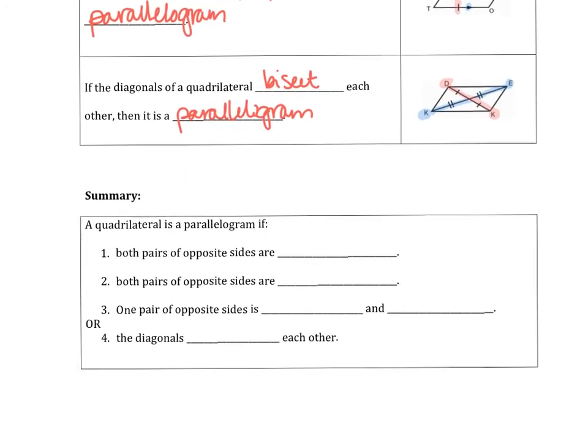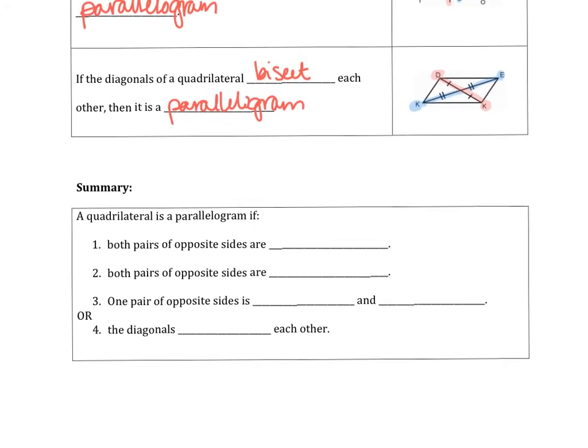All right, so to summarize it, we have 4 different ways we can show that we have a parallelogram. So a quadrilateral is a parallelogram if both pairs of opposite sides are congruent. I'll give you the symbol for that too. Both pairs of opposite sides are parallel. That's the symbol for that.